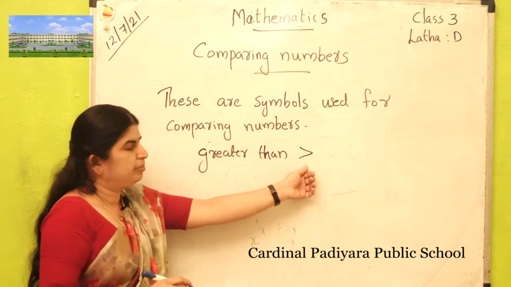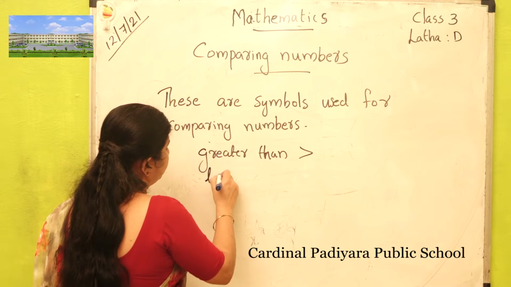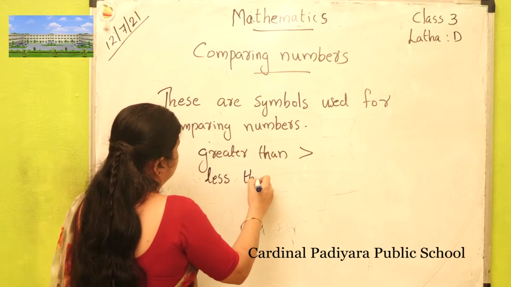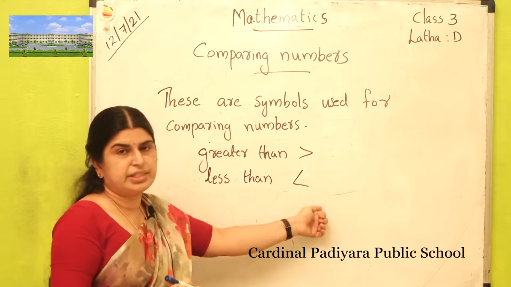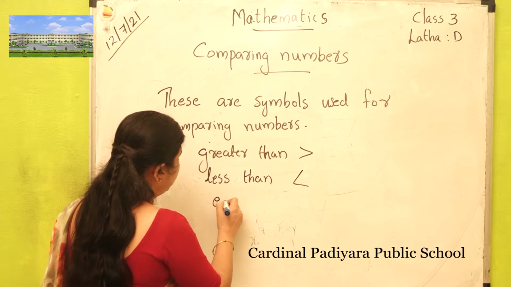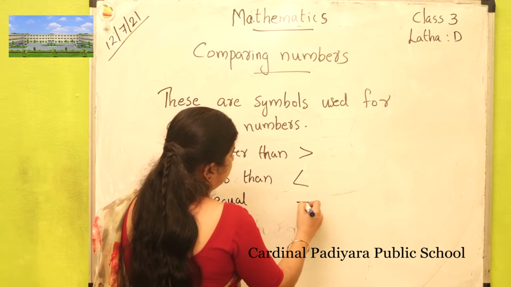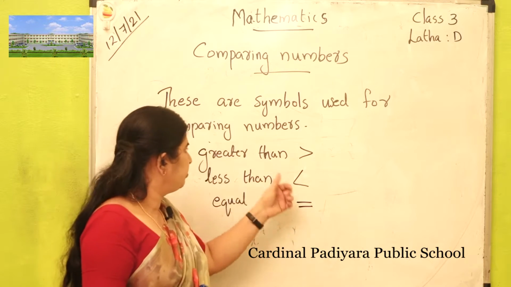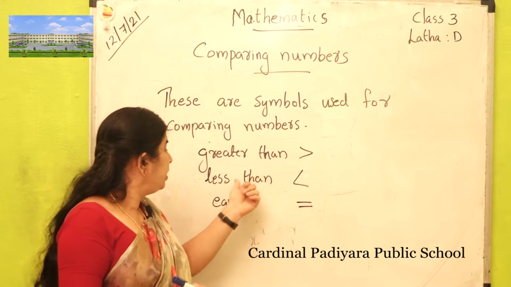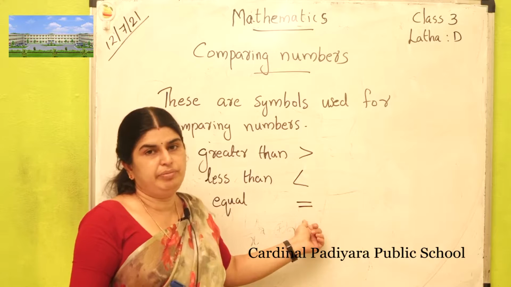This is the less than symbol. And then equal. Greater than, this symbol, less than, this symbol, and then equal, this symbol.